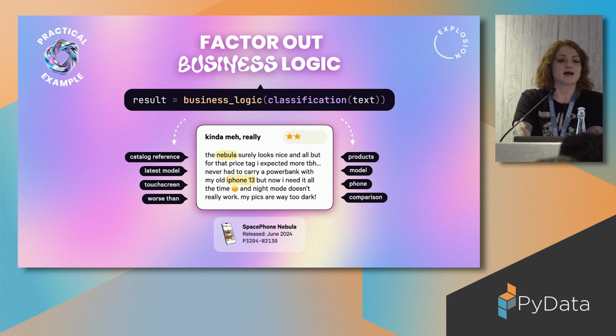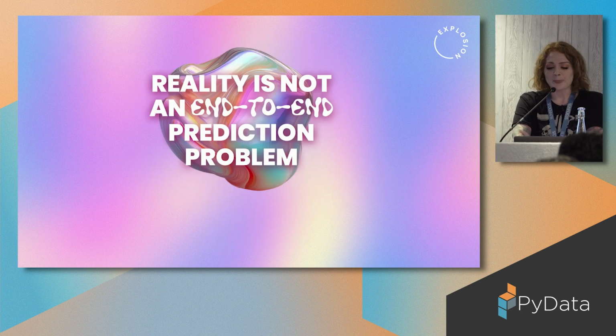So if you can factor out your business logic, I think that's one of the most important steps of that refactoring process, and actually figuring out what's a task you can predict in a generalizable way and what's specific to you and should be factored out.